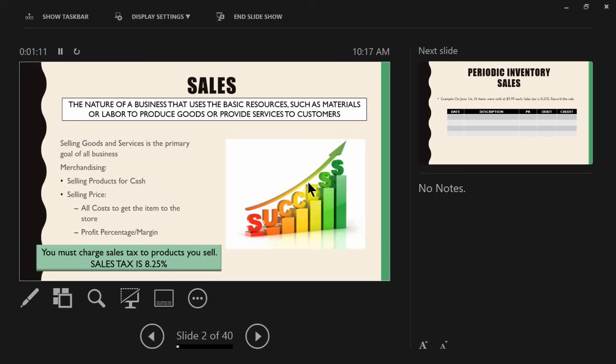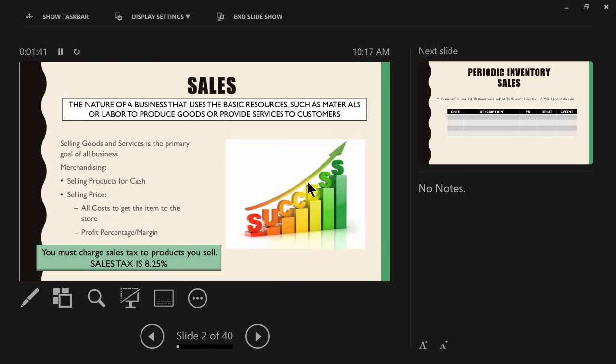And what are the things that are going to be included in the cost of the merchandise, and what is included in the actual selling price itself? In this case, it's the selling price of the product, which is going to include all costs to get the items to the store, plus a certain profit percentage.